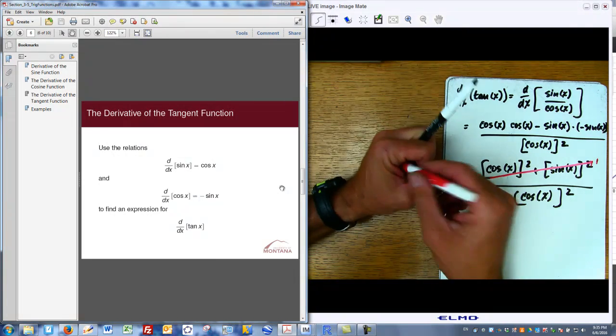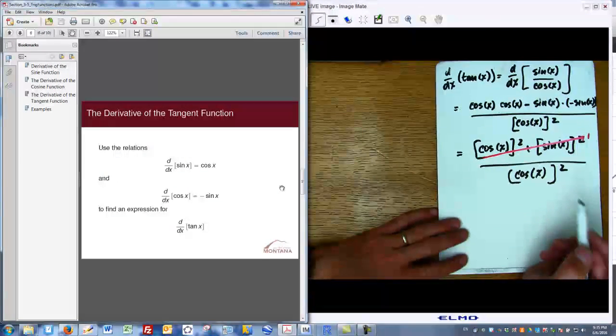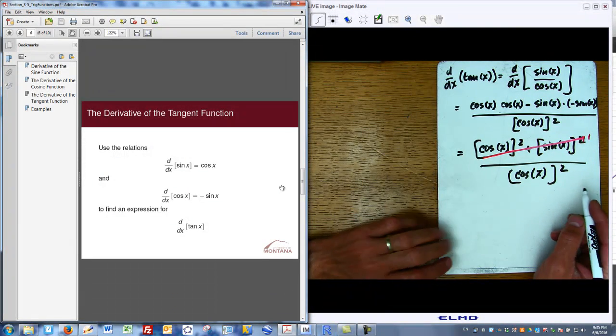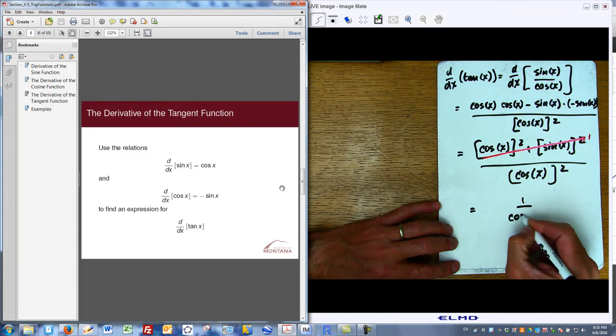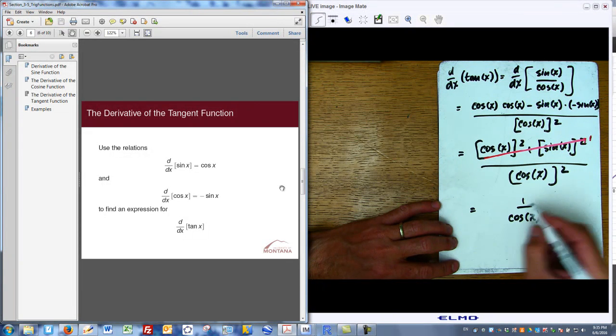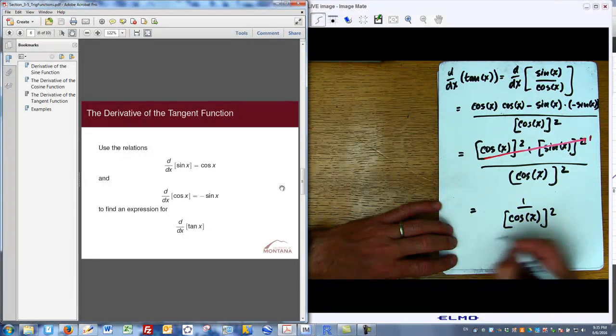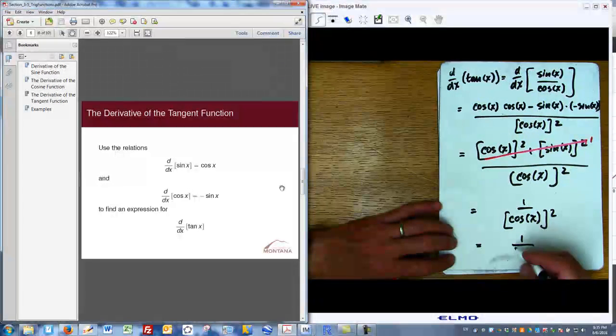That is called the Pythagorean identity, and it flows from the Pythagorean theorem actually. And so we would rewrite this as 1 over the cosine of x squared, which often is written just for simplifying reasons, fewer brackets, the cosine squared of x.